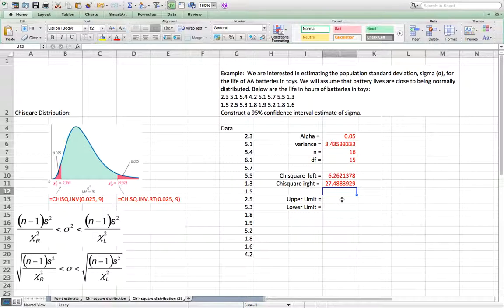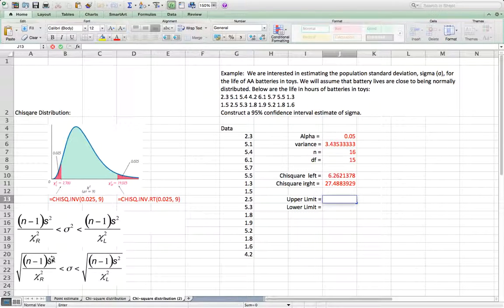Okay, now to calculate the limits for sigma we will use this formula here. Notice you do not need to calculate the standard deviation, because if you calculate the standard deviation, you still need to calculate s squared, right? So why not just use s squared, which is the variance, directly in this formula.